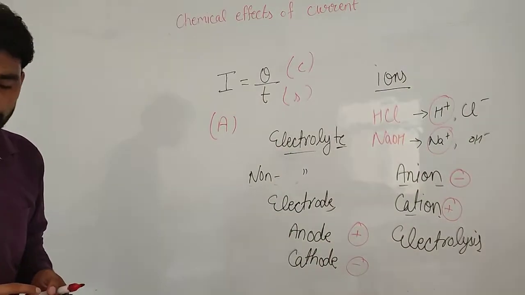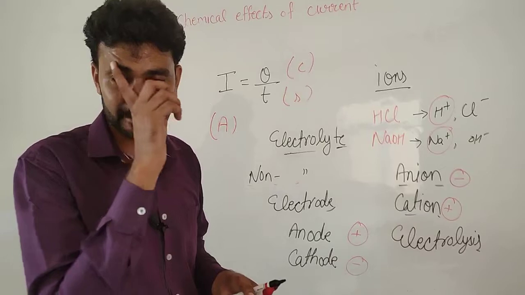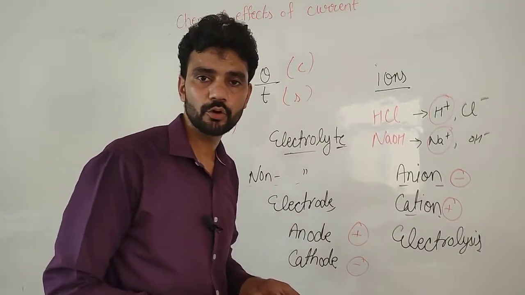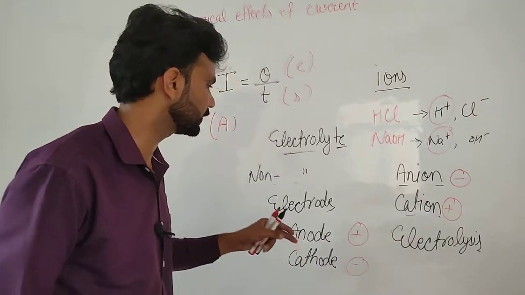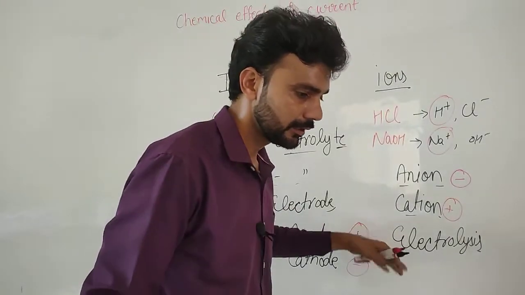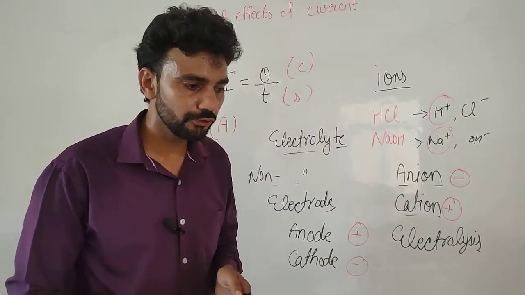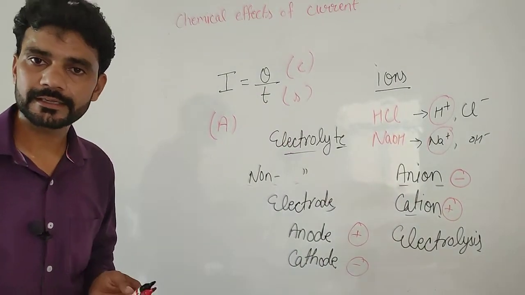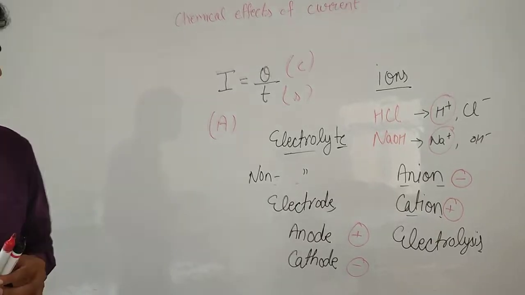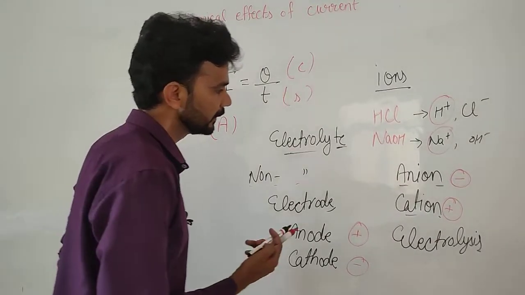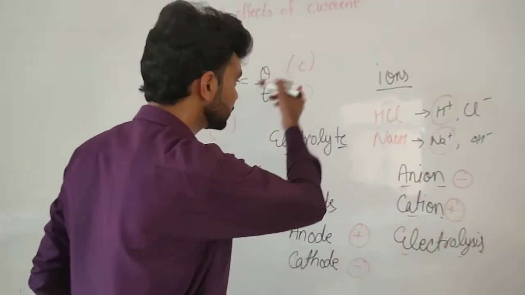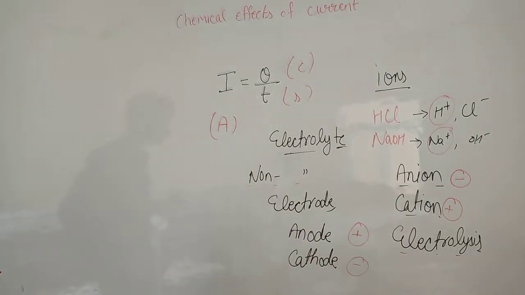The process due to which the solution of a chemical compound conducts electricity and at the same time undergoes chemical change is known as electrolysis. These terms we studied in our previous class.